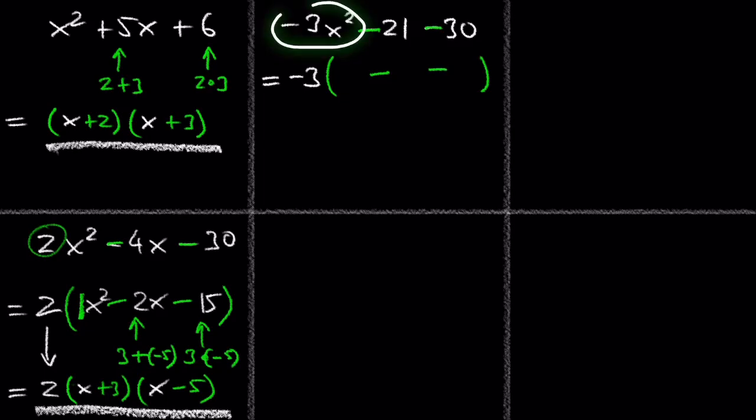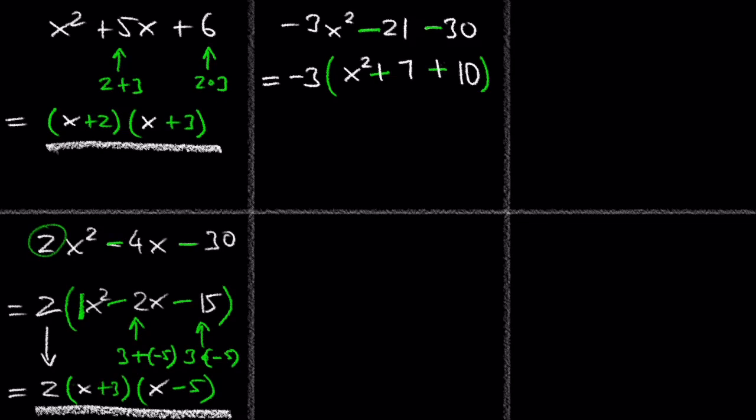Negative 3x squared divided by negative 3 is x squared. 21 divided by negative 3 is plus 7. And negative 30 divided by negative 3 is plus 10.